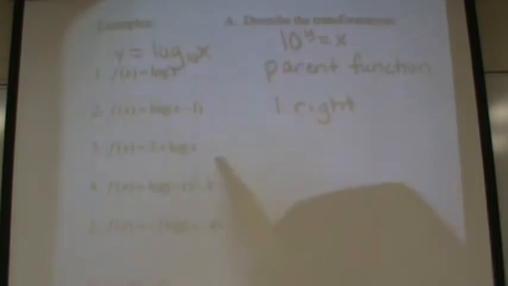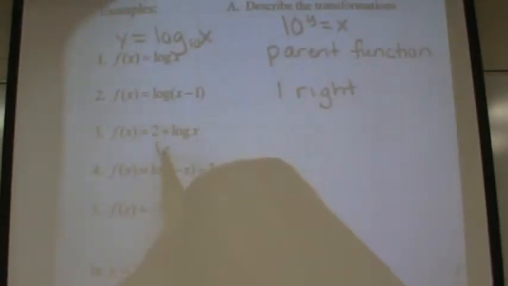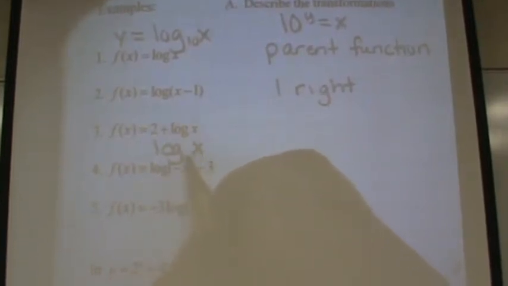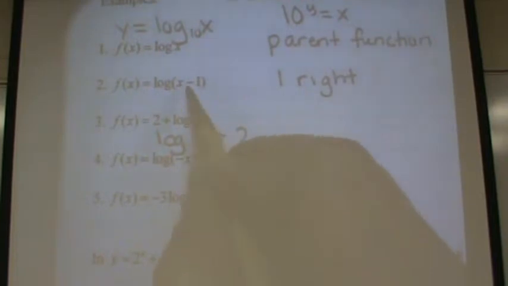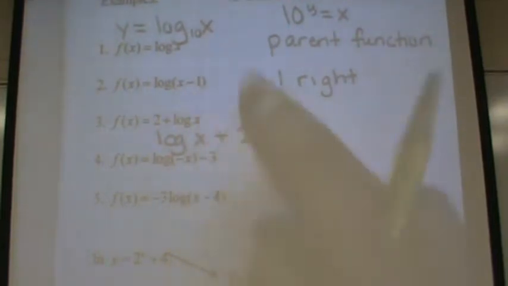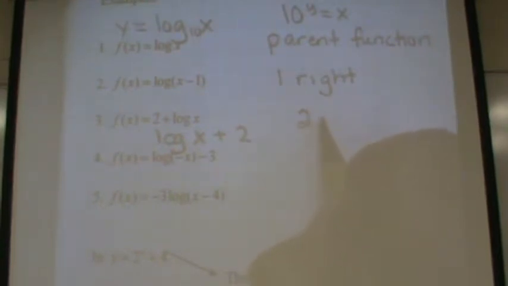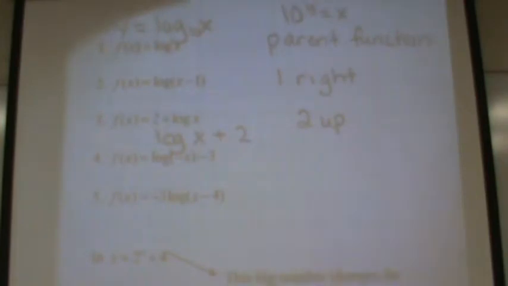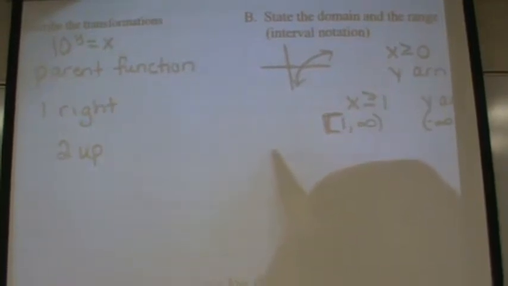For the next one, see this 2 plus? Think of this as the log of x base 10, and then with a 2 at the end. This is not a 2 inside the parentheses. This is 2 units up. So if you took this parent function and shifted it 2 units up, the domain's not going to change.